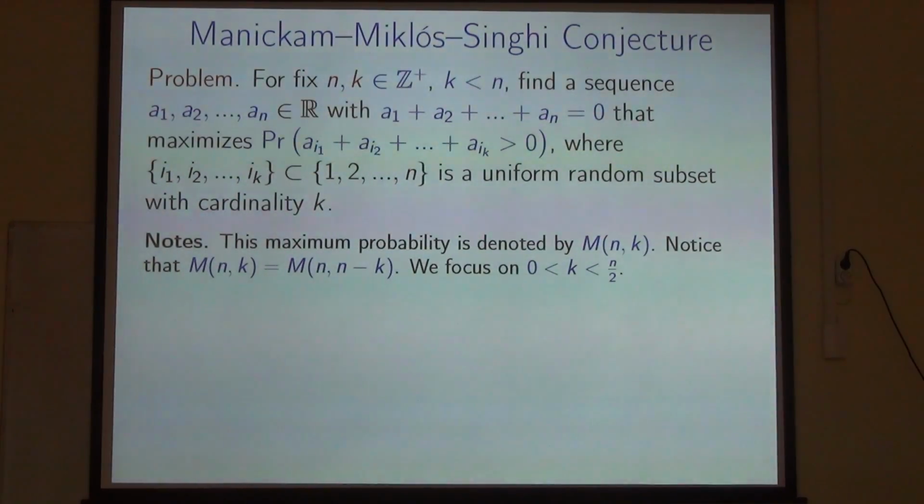So for example, if n is 1 million and k is 100, what would you do? Any guess if you didn't know it before?